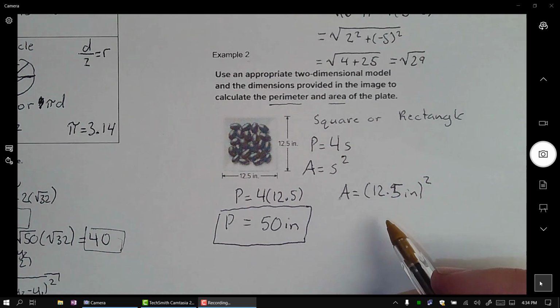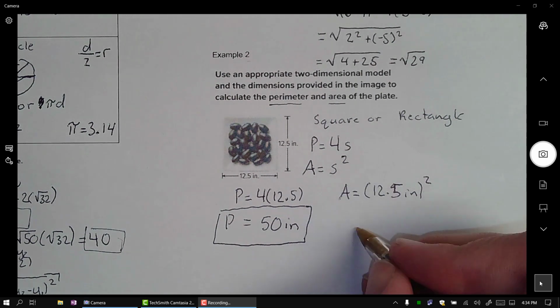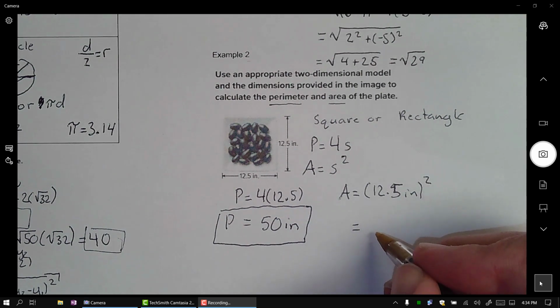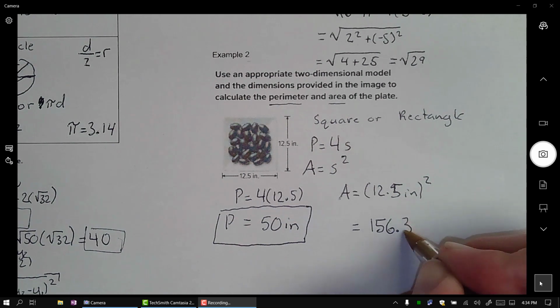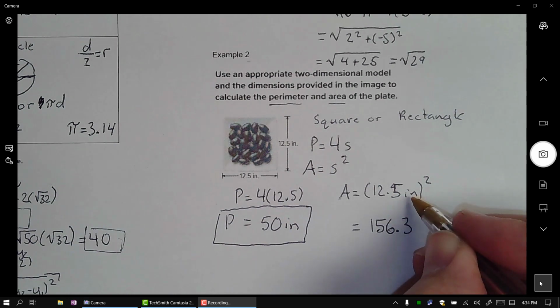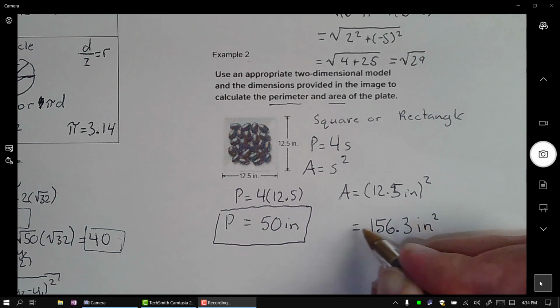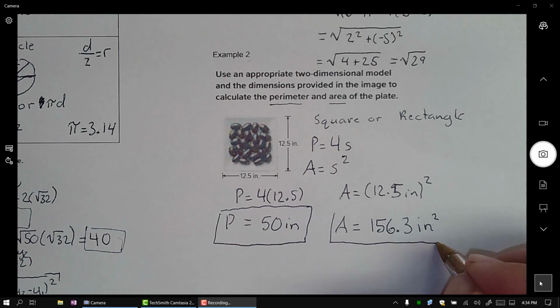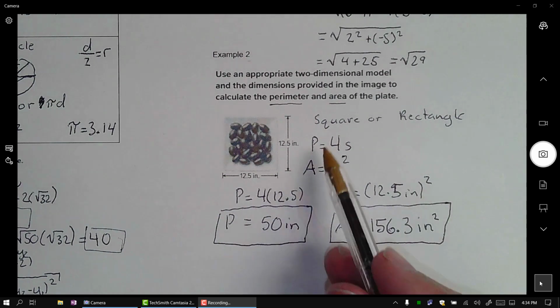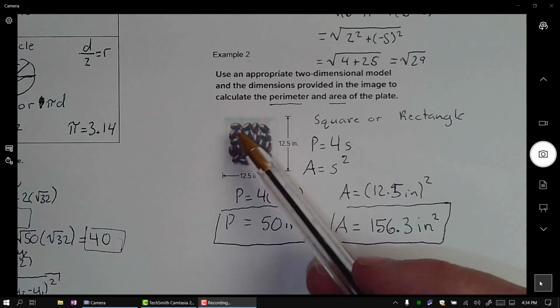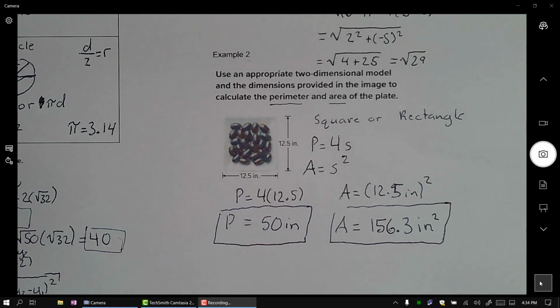So that's going to be 12.5 times 12.5. When I multiply 12.5 times 12.5, I get 156 and 3/10. And then I have inches times inches, so that would be inches squared. So that is my area, and that is my perimeter for my approximation of this figure.